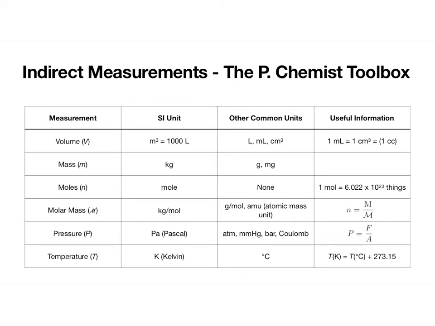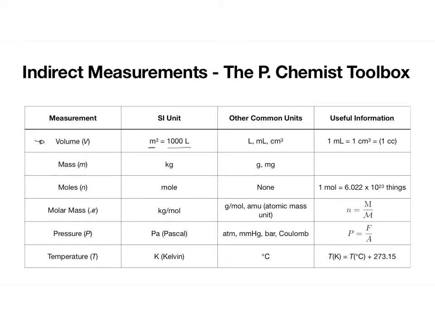Okay, so let's go through the PChemist toolbox. So we have things like volume. The symbol we give volume is V. The SI unit is a cubic meter or 1,000 liters. That's huge. Think about the size of a 2-liter soda bottle.